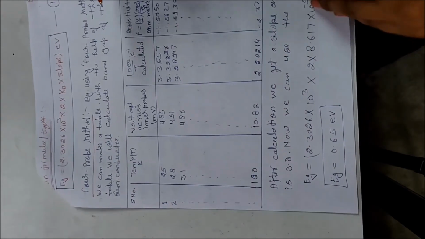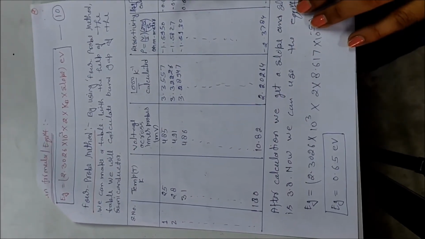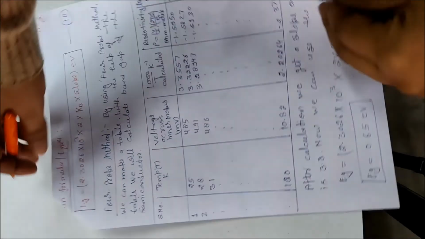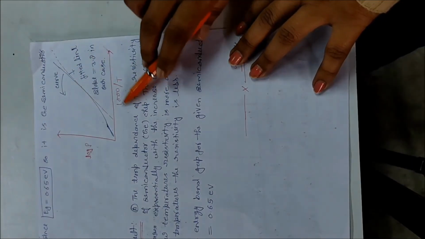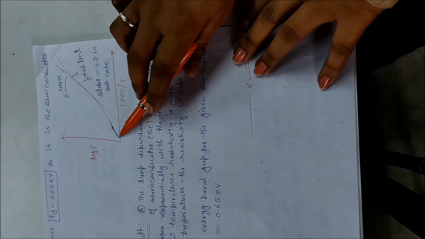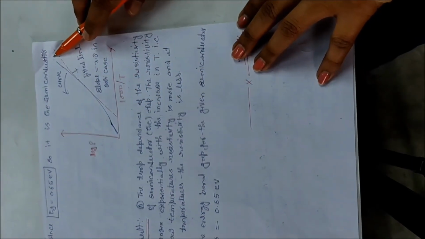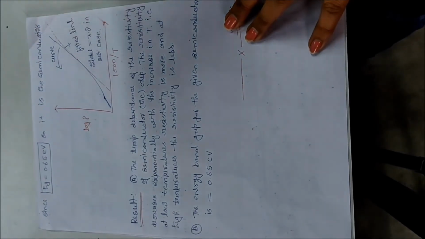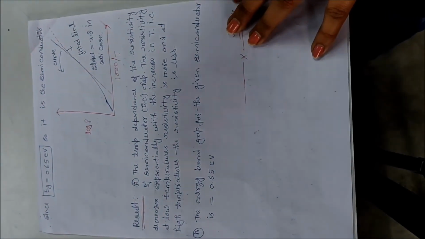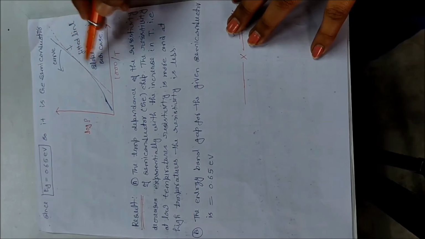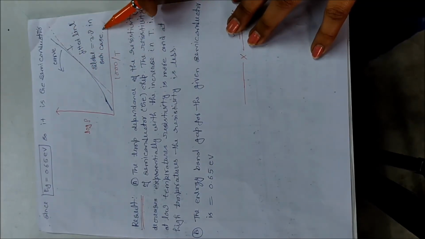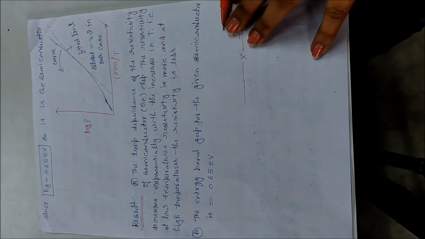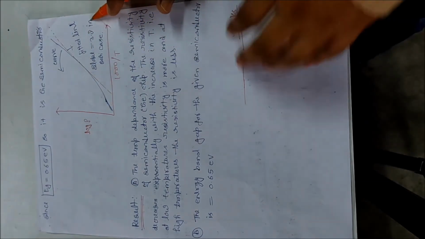By using the Origin software, you can plot a graph between log rho and 1000 upon T. The nature of the graph should be approximately straight, and after fitting the curve, a straight line is obtained, and the slope of this in our experiment is 3.8.